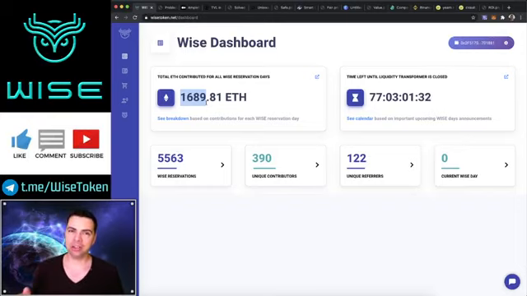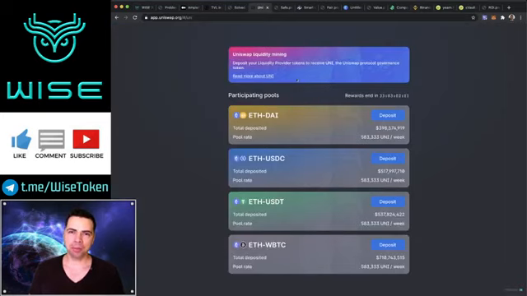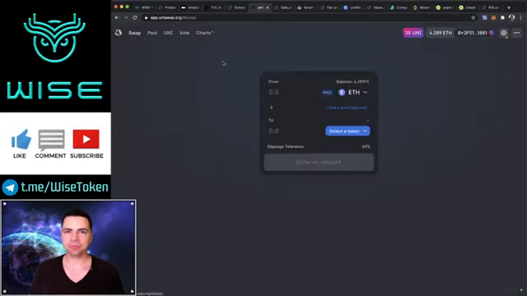Usually in a project, the money doesn't actually go to backing the project. It doesn't go to backing your investment at all. In Wise, 90% or more does. It's probably going to be more like 99%, but at least 90% of the money goes to directly backing up the value. So if we remember Uniswap, Uniswap is the market maker.